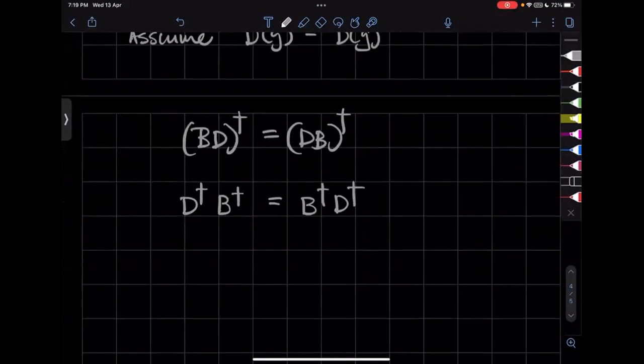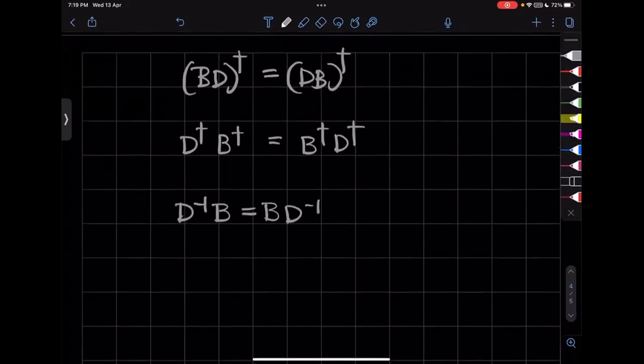But D dagger is D inverse. And B is assumed to be Hermitian. So we get this equation. Now I left multiply by D and right multiply by D. So on the left side, I get this. On the right side, I get this.